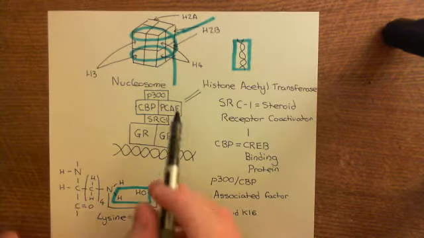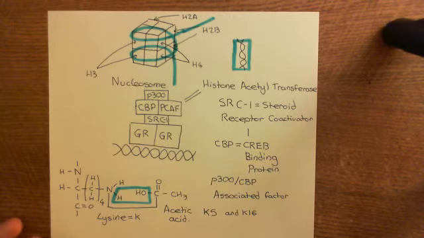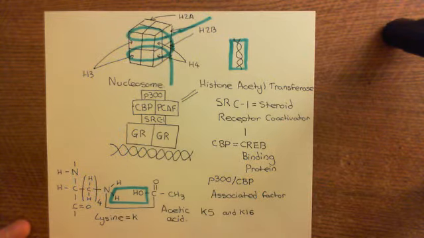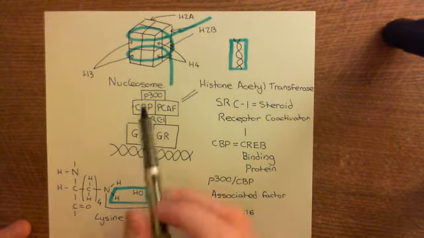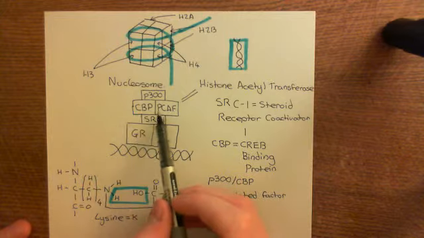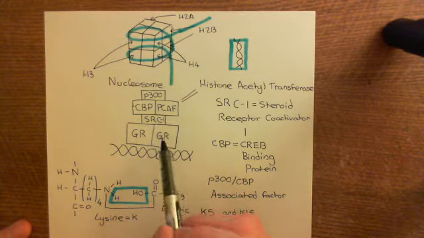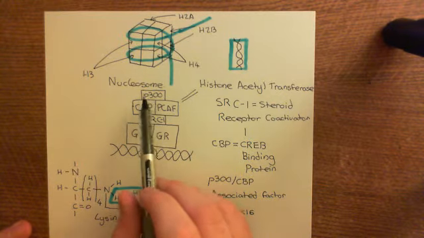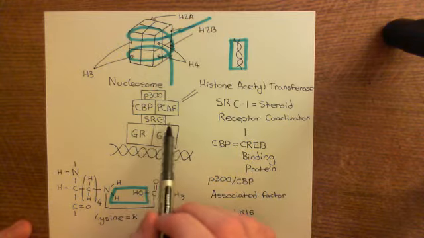It can also assemble complexes on the surface of the promoter region, consisting of SRC1, which stands for the steroid receptor coactivator 1, then CBP, CREB binding protein, and PCAF, P300/CREB binding protein associated factor, and then P300 on the top, which forms a histone acetyltransferase.